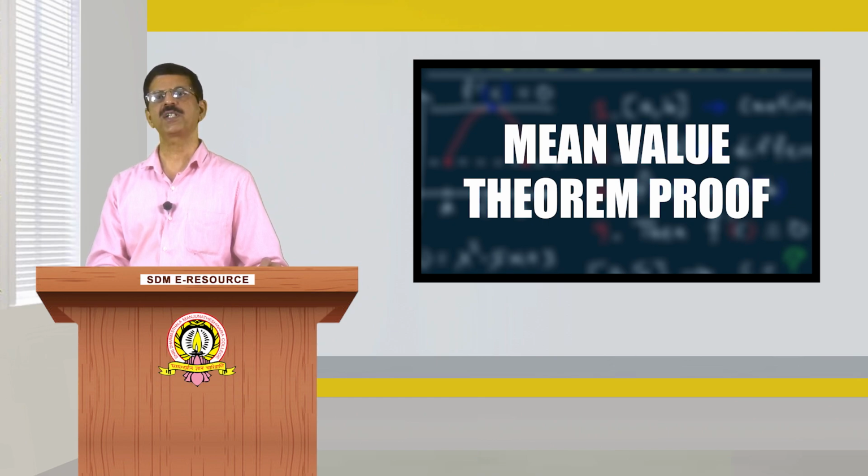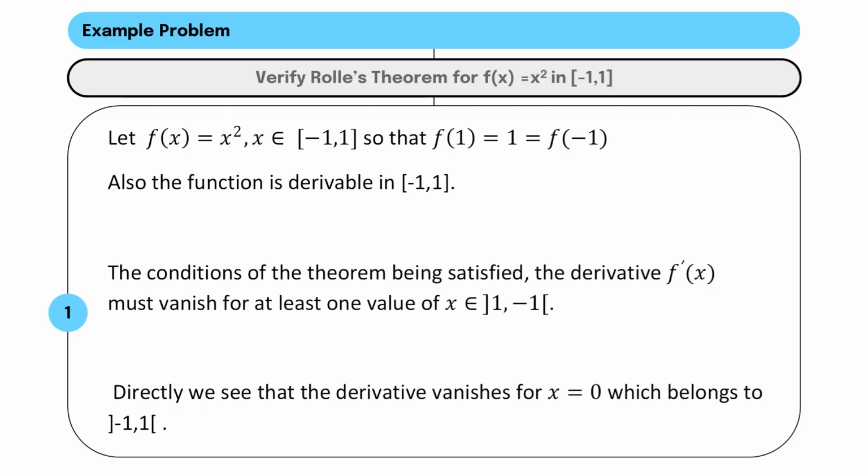Therefore, for the given function f of x is equal to x square, there exists a value c belonging to -1, 1.